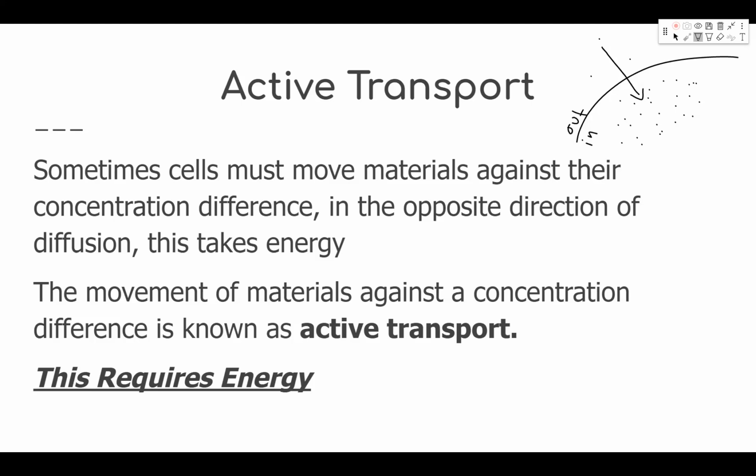But if we wanted to take them from wherever they are in the school and put them into the cafeteria, that would take some energy. That would take some work. That is like active transport. It is moving things against that concentration difference. So moving things from an area of low concentration to an area of high concentration. And we call it active transport.